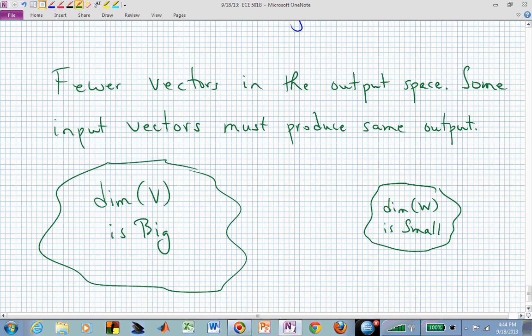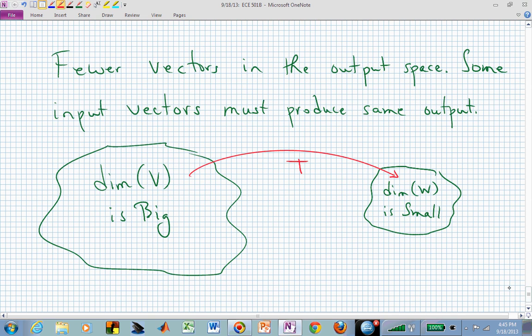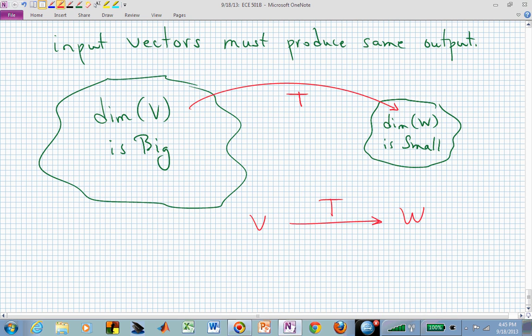There's big, there's small. And they're being mapped by some linear map T. So now we have T mapping to W. What are we saying?